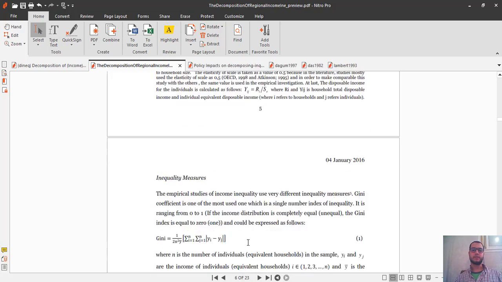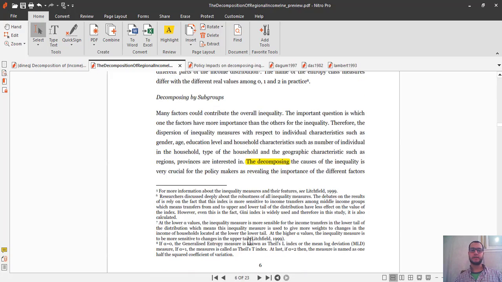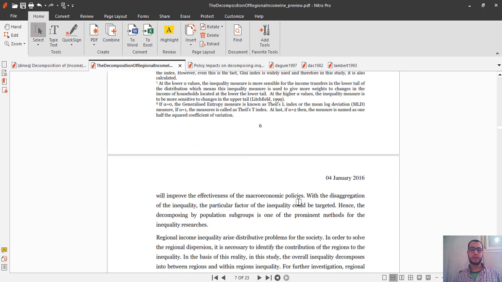Decomposing the causes of inequality is very crucial for policymakers, as revealing the importance of the different factors will improve the effectiveness of macroeconomic policy. We will understand the disaggregation of inequality. Particular factors of inequality will be targeted, enhanced with decomposition by population subgroup.